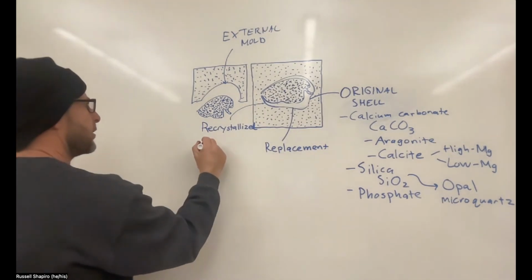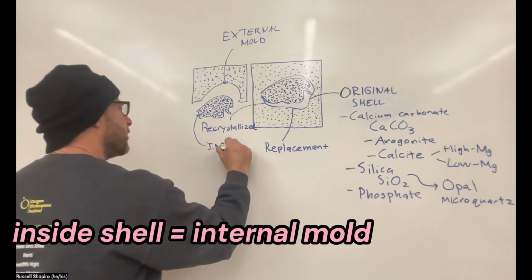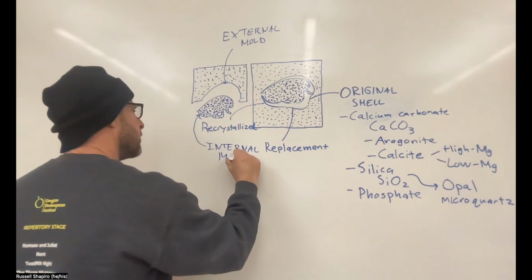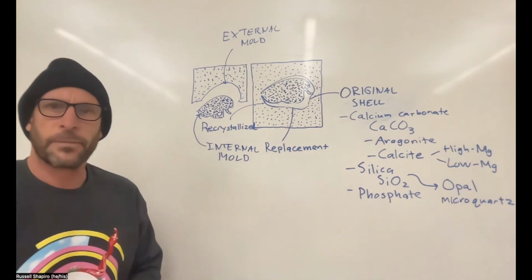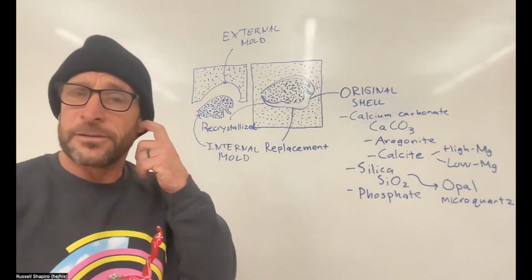In this case, we have an internal mold. And so now we've just added two more types of fossilizations.